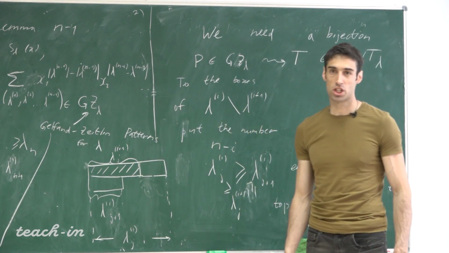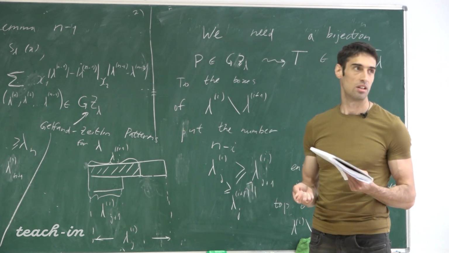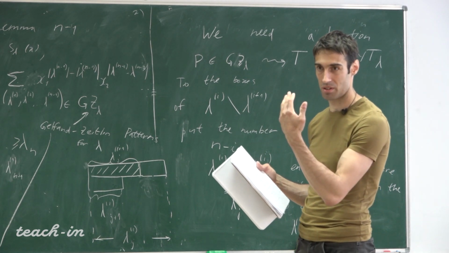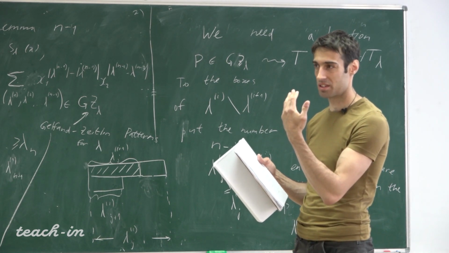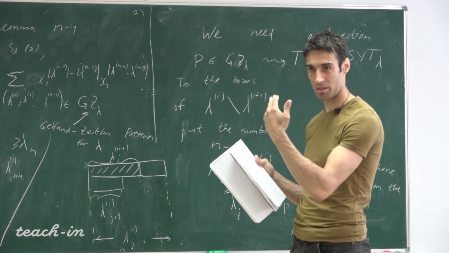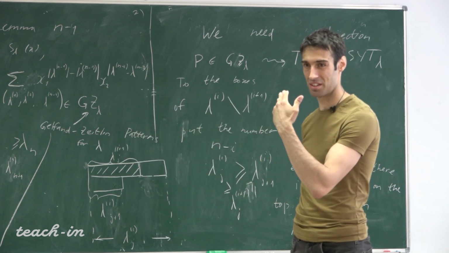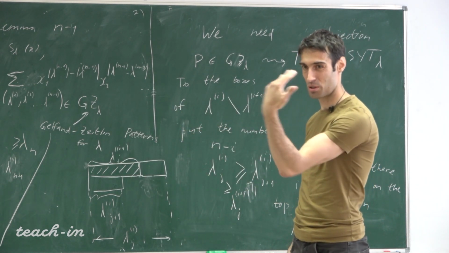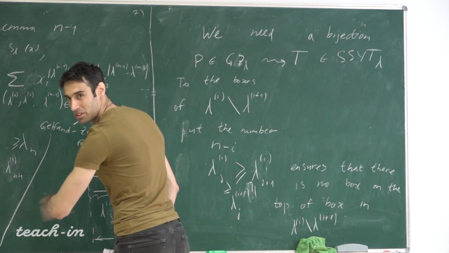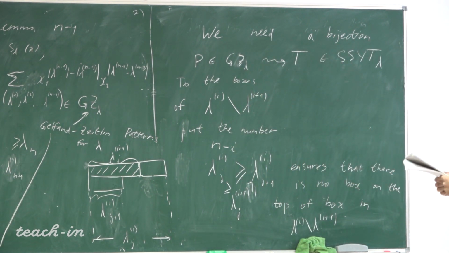But then why is it a bijection? Because you can present an algorithm to go back. Everything that is filled with numbers from 1 to n minus 1 is lambda 1, right? You just throw away everything that is with n. Then you throw away everything with n minus 1. This will be the second row, and so on. So you can go backwards as well.